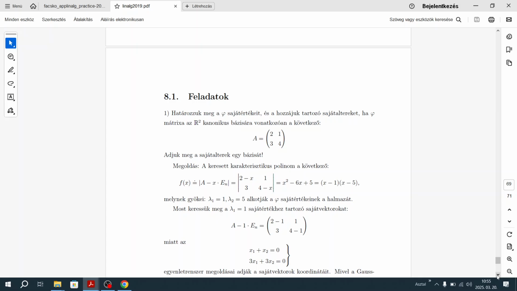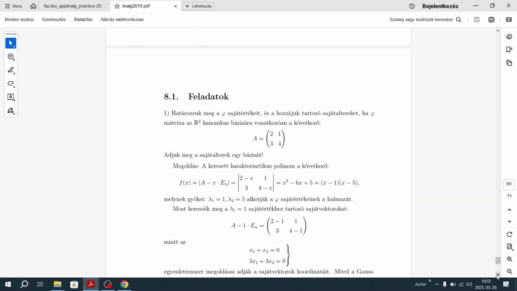Okay, the second point is quite simple. So what is the determinant of this? It's just 8 minus 3. It's 5. Okay, let's recall one statement.